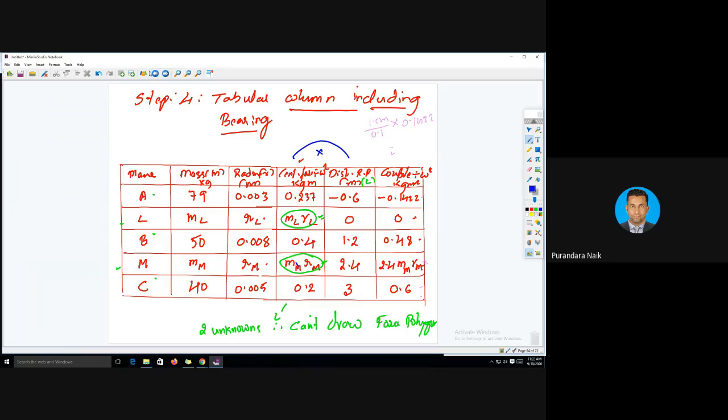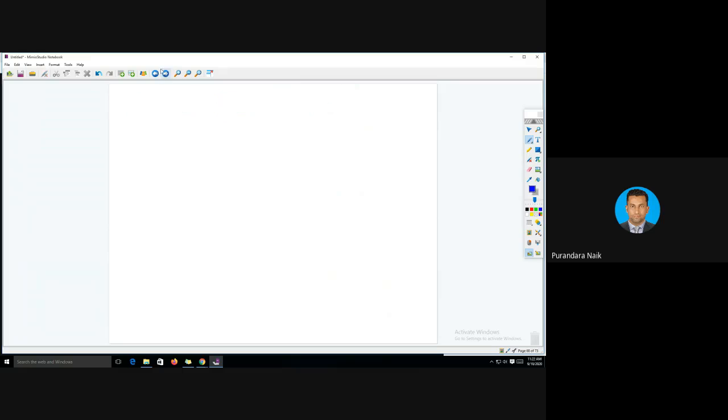Take a proper scale, you can take the same scale: 0.1 kg meter is equal to 1 centimeter.